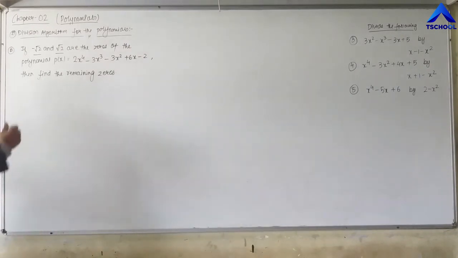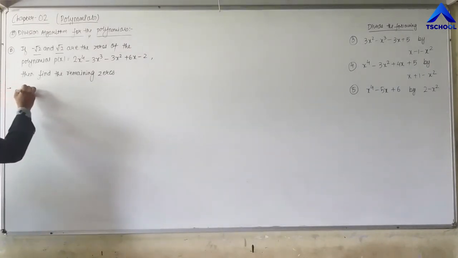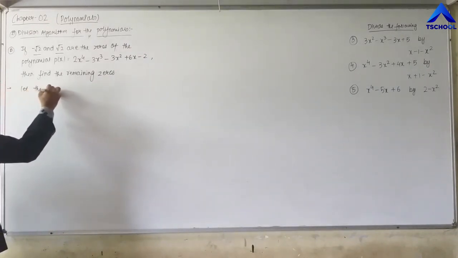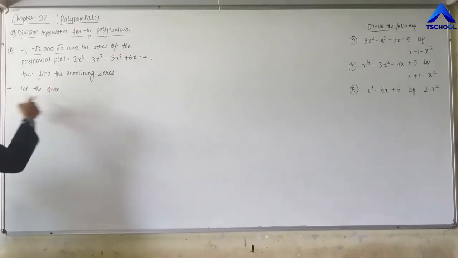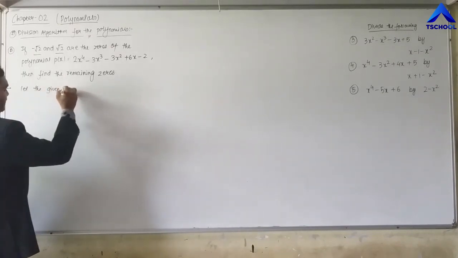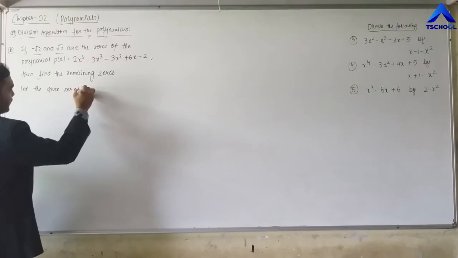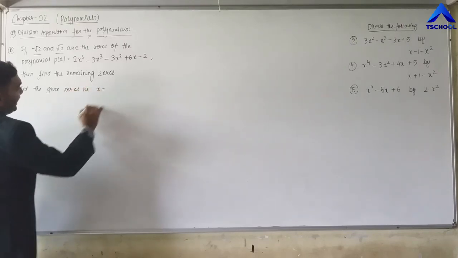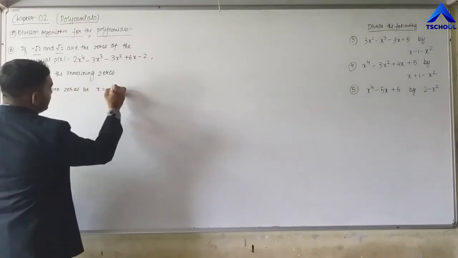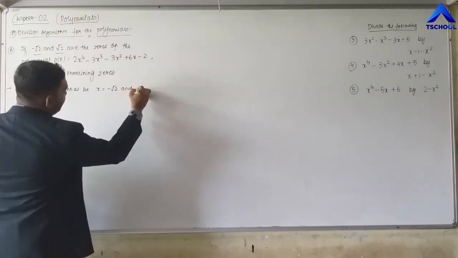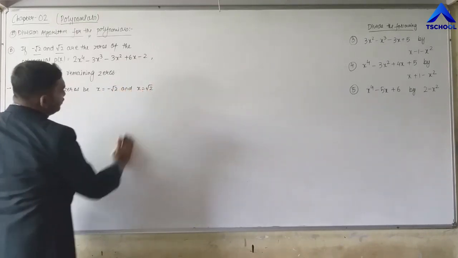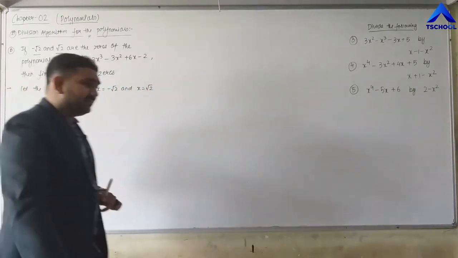So the solution starts here: let the given zeros be x equals minus root 2 and x equals root 2.